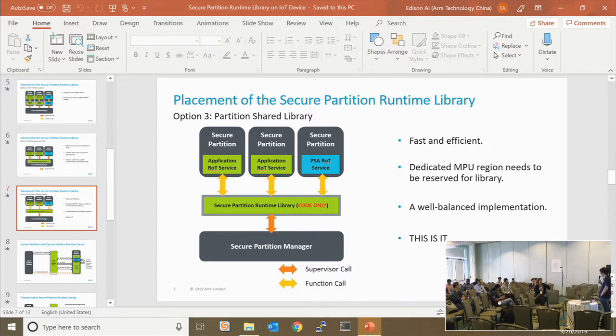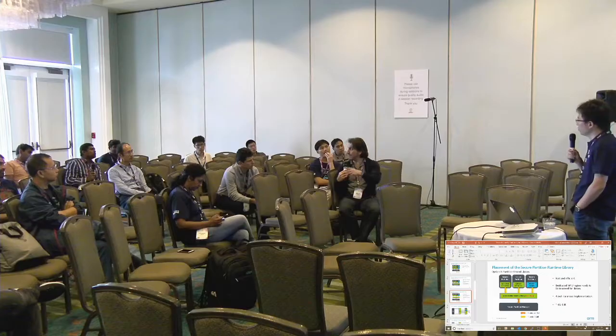In this context, whenever you make a library call to the runtime library, since it is a simple function call, you always get the privilege level of the caller secure partition. If that is an unprivileged partition, then the runtime library executes unprivileged. If it is a PSA root of trust partition executing in privileged mode, then of course it executes in privileged mode.